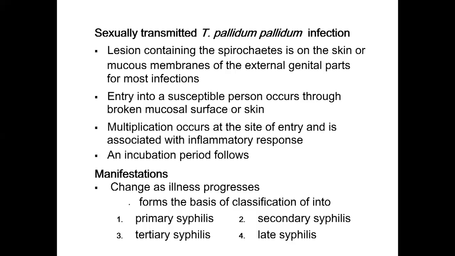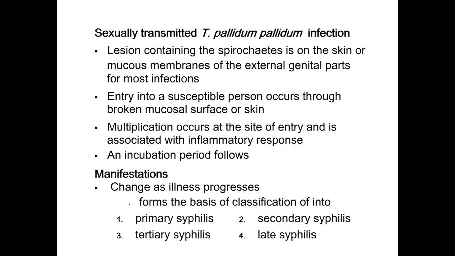And based on that, if one is to have clear-cut divisions, which is not there, there could be an overlap. Some of them might not show up so clearly, but generally there are 4 stages. Some people give them as 3, but there's one stage that can be termed primary syphilis based on its manifestations, the secondary syphilis, the tertiary syphilis, and the late syphilis.